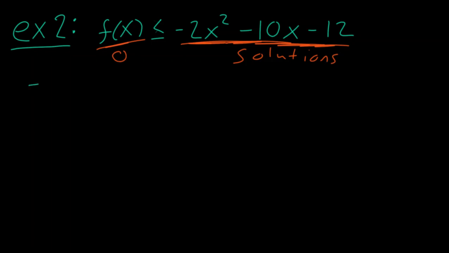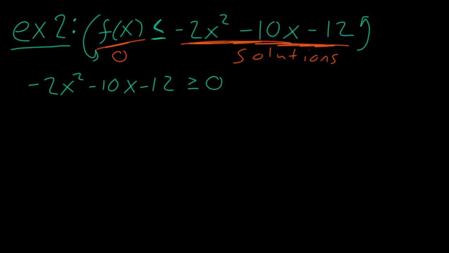Okay, so let's go ahead and write it like this. Let's say, you know what, we have -2x squared minus 10x minus 12 is greater than or equal to 0. So notice I took my less than or equal to symbol, and when I flipped this entire inequality, the inequality less than or equal to became a greater than or equal to. And of course I changed my f of x equal to 0.